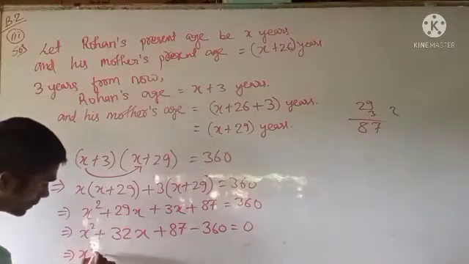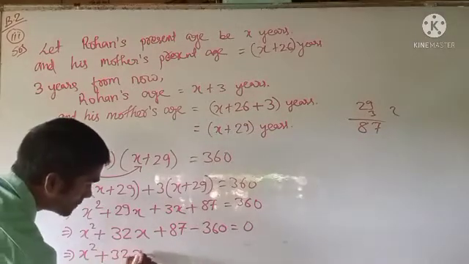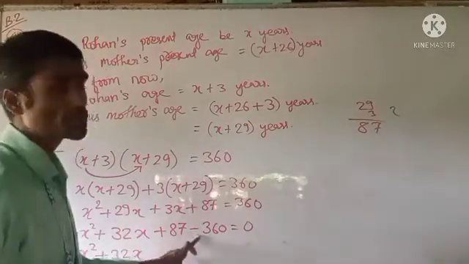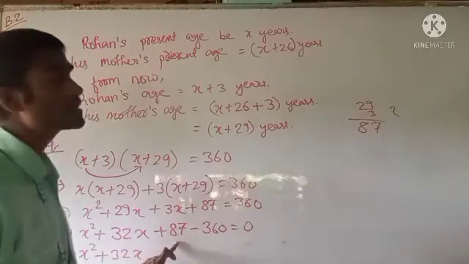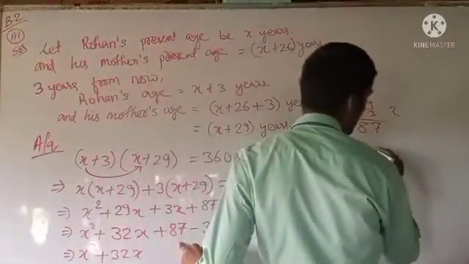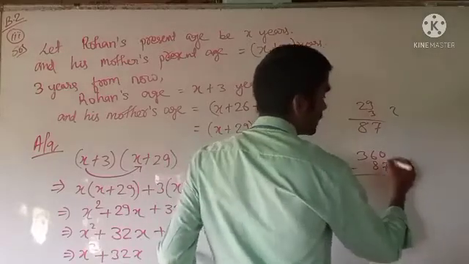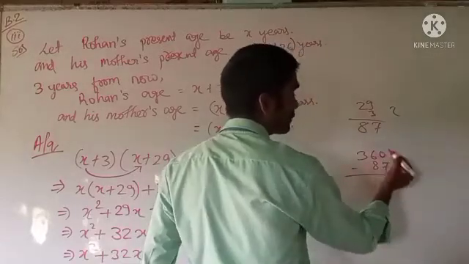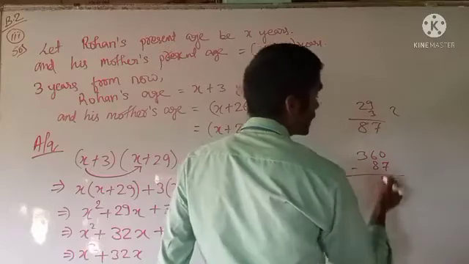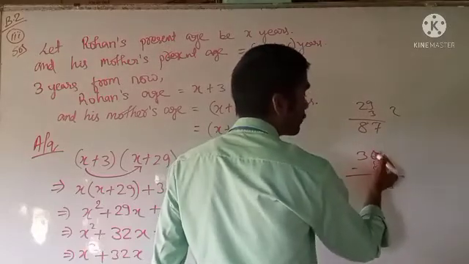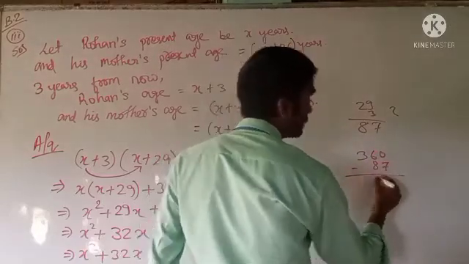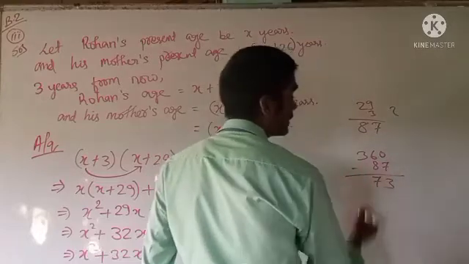Now x square plus 32x plus 87 minus 360 is equal to 0. So we subtract 87 from 360. Now 0 minus 7 we cannot, so we will take one from here. 10 minus 7 is 3. Now here it is left with 5, so we will take one more from here. 15 minus 8 we will get 7.